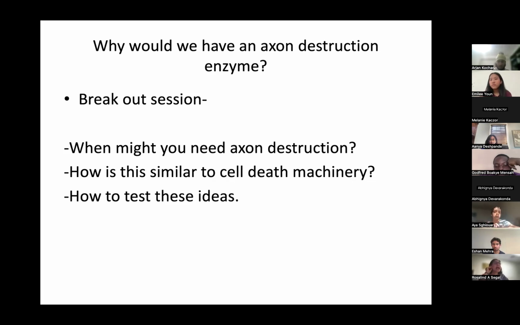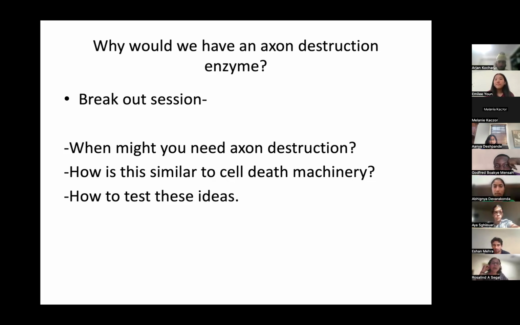Yeah, given that it's 90% of the cell volume, it takes a huge amount of energy. If it's not being useful or it's injured, it could give the wrong information, and it would take a lot of energy. So you might need that.